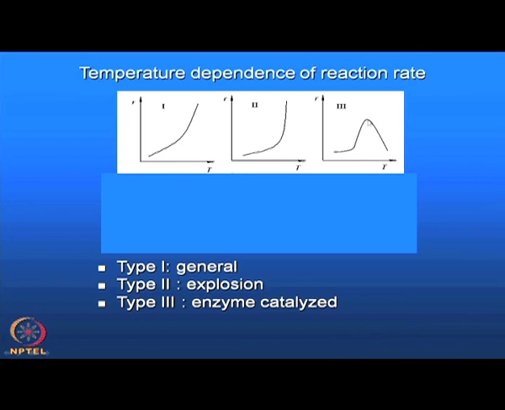So it goes up to a maximum and then reduces on further increase of temperature. Type 1 is general, type 2 is explosion, and type 3 is enzyme catalyzed. These are broad classifications.